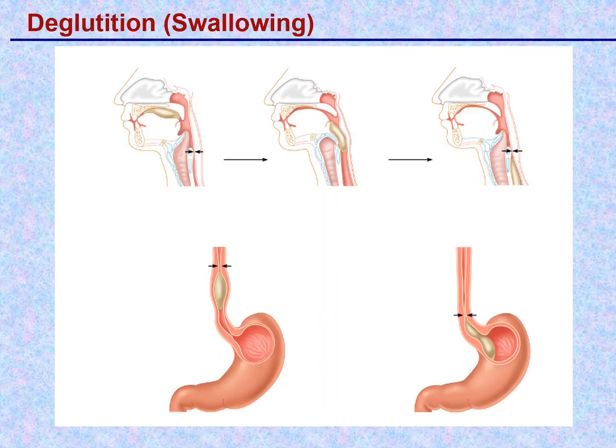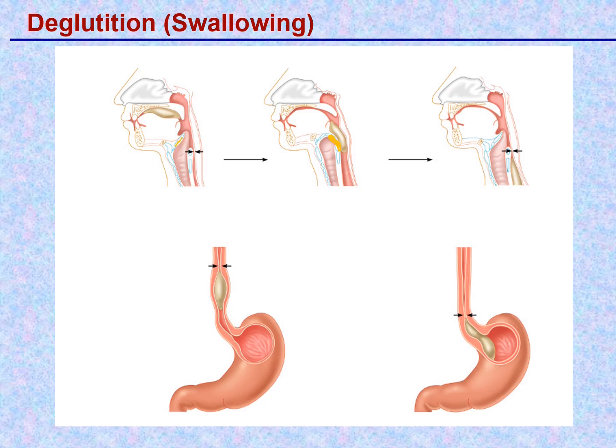So here you see a diagram showing swallowing or deglutition, where you have this bolus of food in the mouth being formed and pushed back into the oropharynx area and then getting swallowed down. Notice in this second part of the diagram that the epiglottis is closing over the opening of the trachea so that the food cannot go into the trachea.